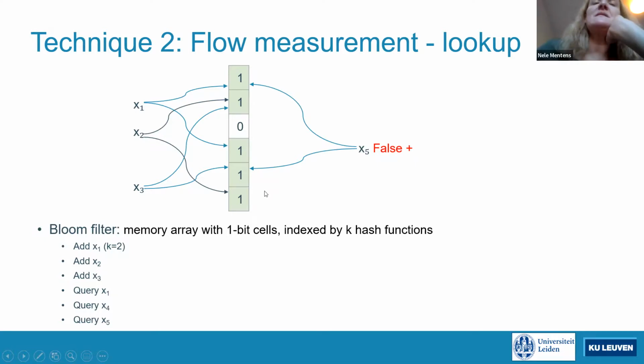Of course, when you make this memory size larger, you get fewer false positives. Also, you can play with the number of hash functions that you use. But we can really get accuracies of above 99% with this type of structure, while reducing the memory a lot, because otherwise we would really have to store everything exactly.